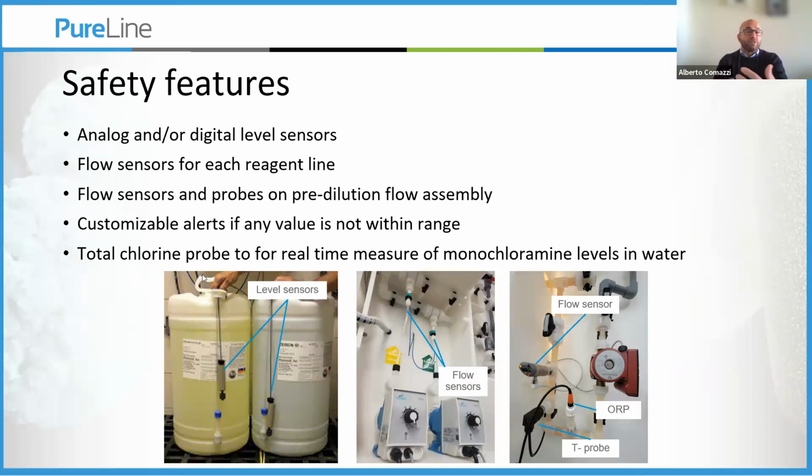Every time the pumps feed the chemicals, each flow sensor measures how much chemical is being injected, to make sure we maintain the correct chlorine to nitrogen ratio. If any of the dosing pumps has an issue, there's no point in feeding just one or the other chemical. There are also flow sensors on the piping assembly of the unit to measure the water flow through the reactor, the temperature, the ORP, and the total chlorine.